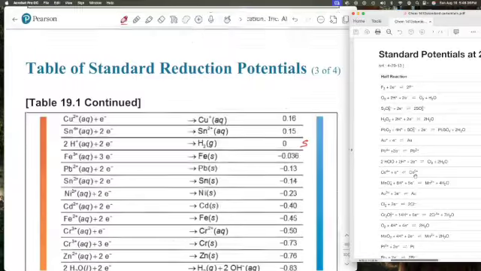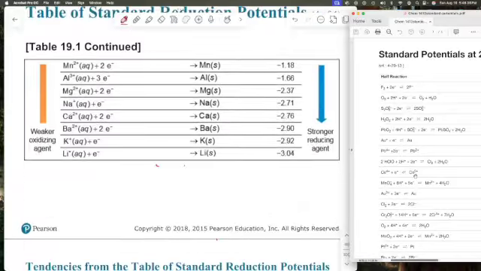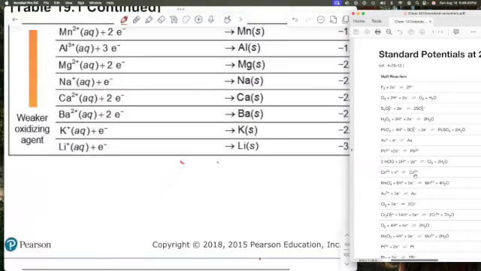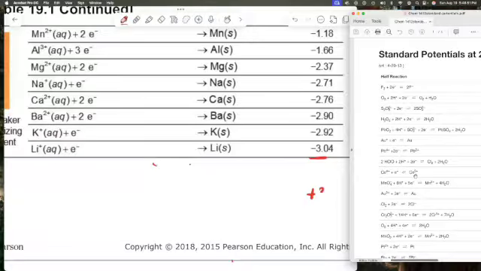Now, on the other end of this table, here's a weird thing. They don't describe this reaction starting from left to right, since it has a negative potential. This is the part where you have to flip this, make this positive 3.04, and flip the reaction, do the reverse reaction, right? I know, it's a weird thing.